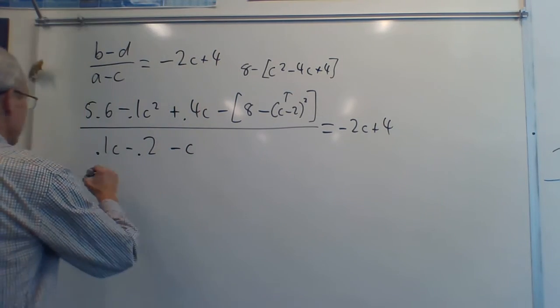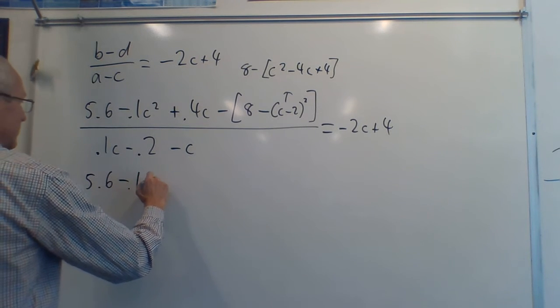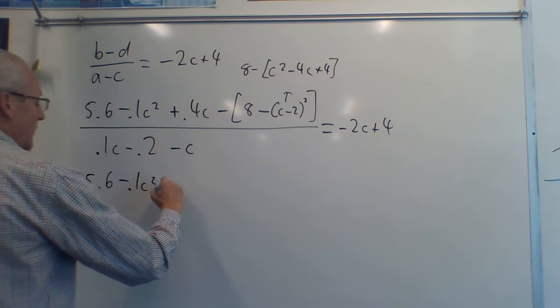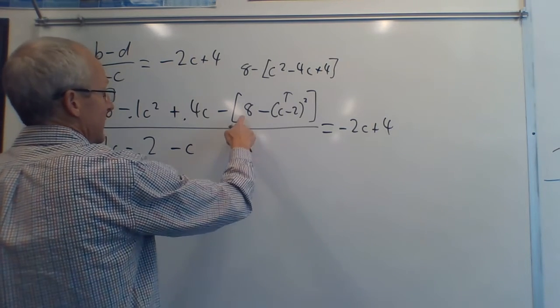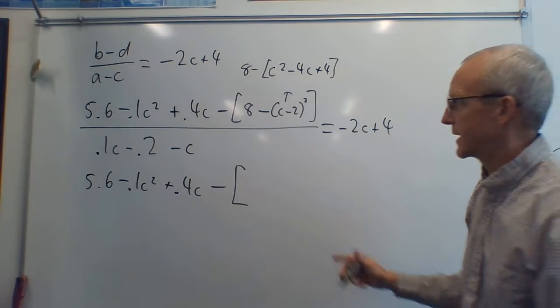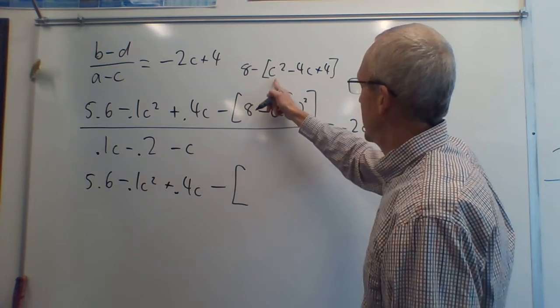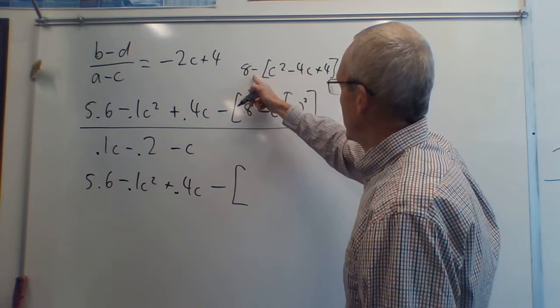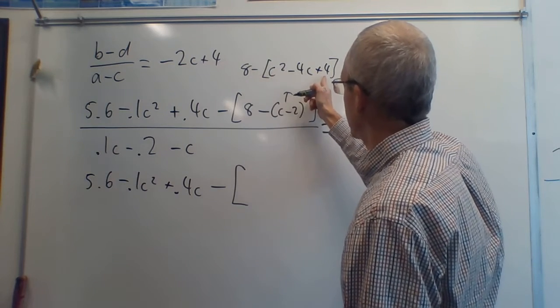Okay, so let's rewrite this. So we have on the top, we have 5.6 minus 0.1C squared plus 0.4C minus everything in here. I'm going to keep those parentheses there because it's so easy to make a mistake. Minus 8 minus all this. 8 minus this. So that would be minus 8 minus 4 is 4.